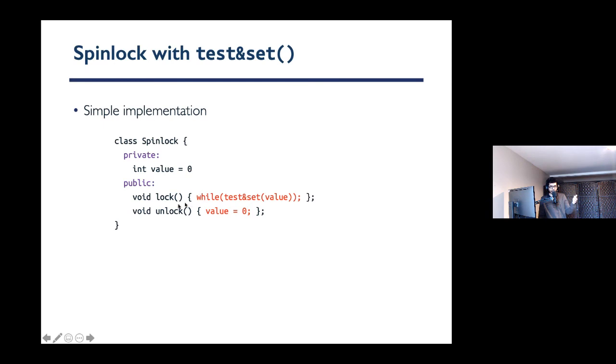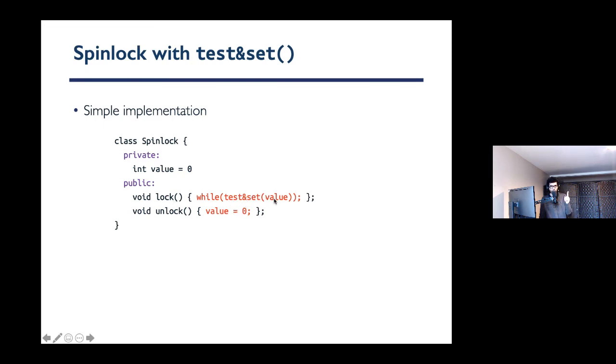So the first one that executes this lock will turn this value to 1, and then exits. So then whoever called lock is now inside the critical section. Now, later on, if somebody else calls lock, they're going to execute test and set.